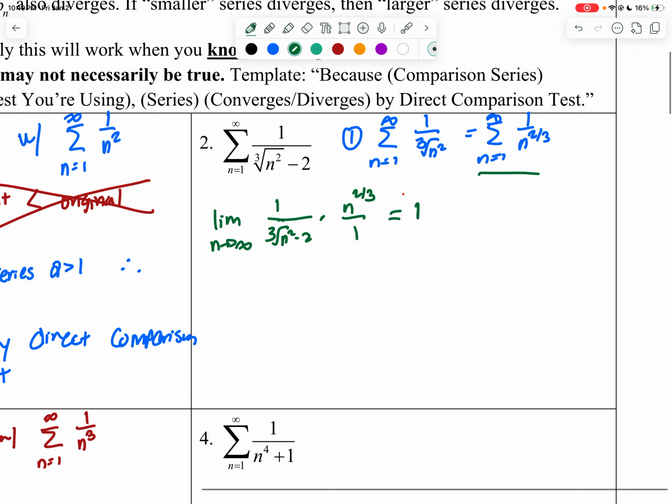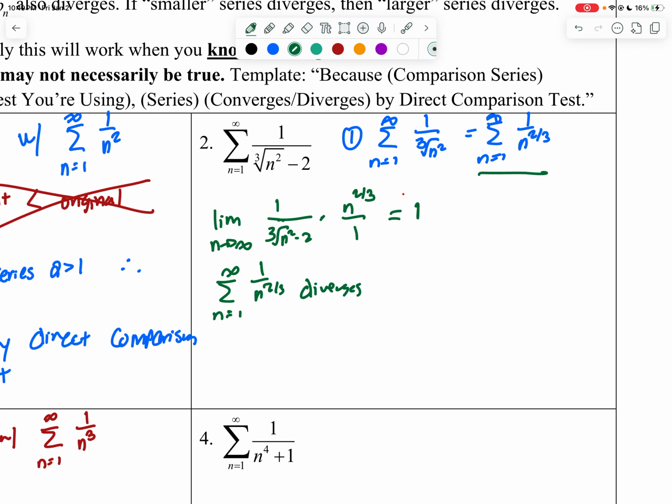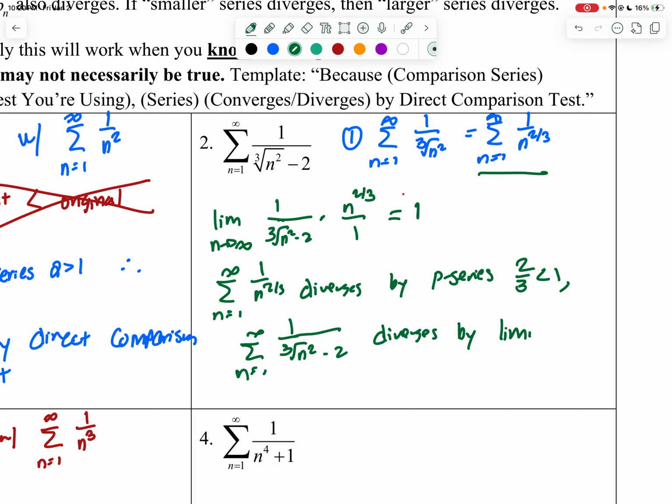And then because we know that this series right here, my comparison, diverges by p-series, then we know that this right here, my original series, diverges by a limit comparison. So notice how, once again, if you can't compare to save your life, then probably use limit comparison.